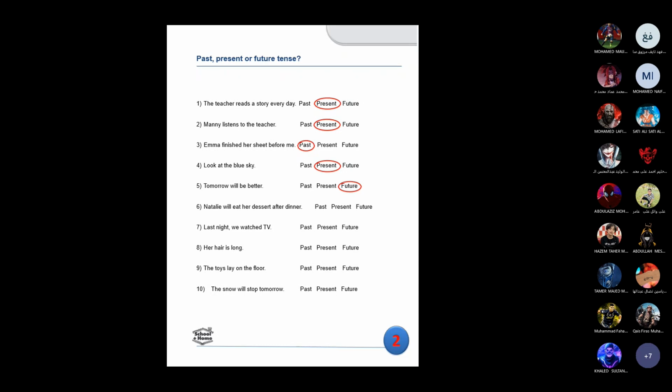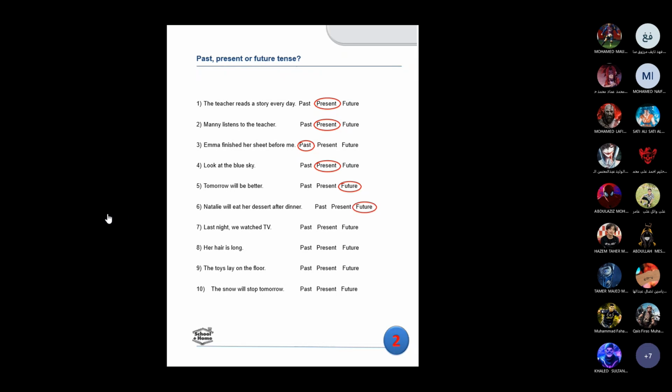No. We'll eat. This is the verb. So is that past, present, or future? Future. Excellent. That is future because we have will and it refers to the future.